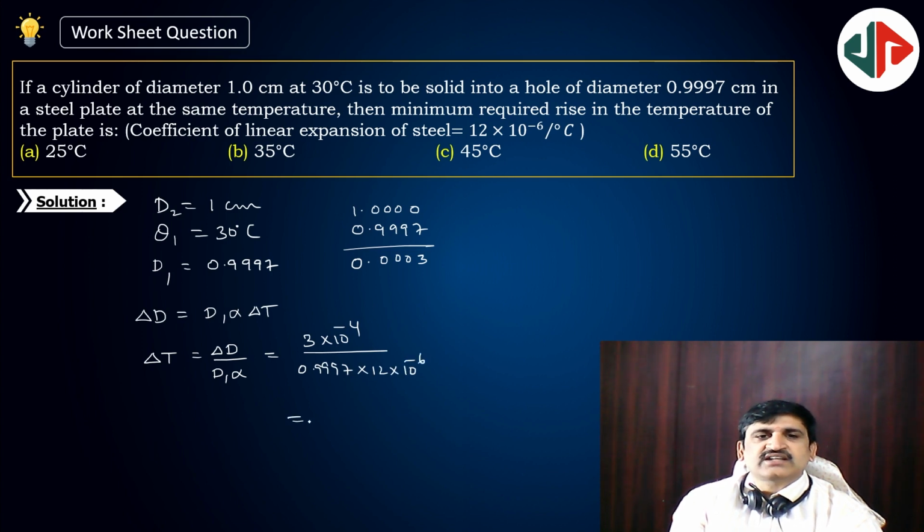He asked for the temperature change only, not the final temperature. So its simplification will give you the minimum rise in temperature, that is 25 degrees Celsius.